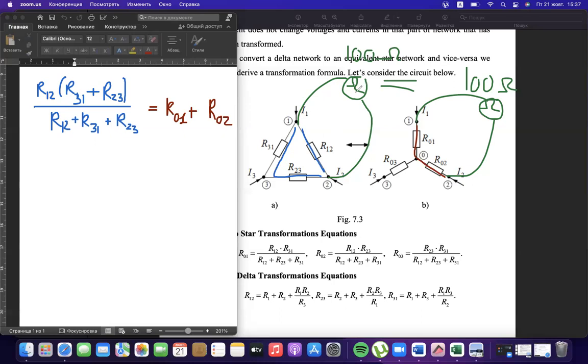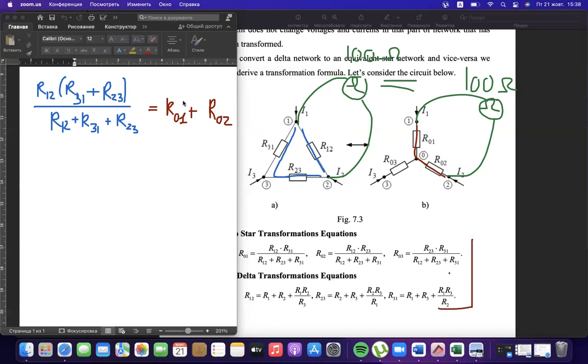Now we connect the ohmmeter to points 1 and 2, but also you could connect the same measurement device to points 2, 3 and to points 1, 3. And you will get the same formulas. After transforming these formulas, you will obtain this one.